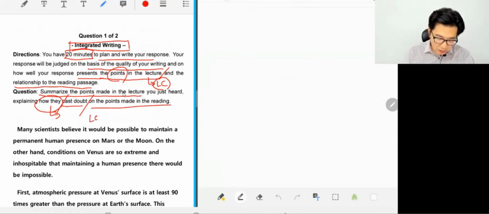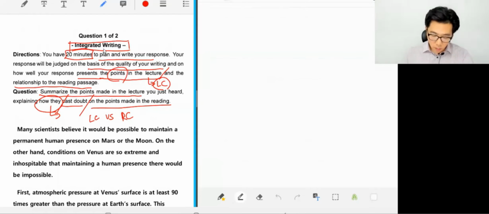So we can immediately understand that points in the listening will probably oppose the points made in the reading passage. That will be the format of the essay you need to write, a compare and contrast type of essay, okay? So my lessons covering integrated writing always consist of 3 steps.